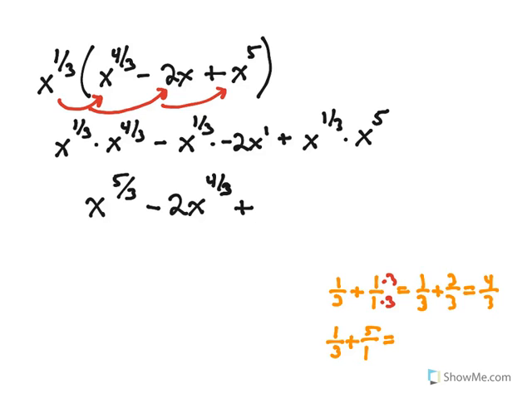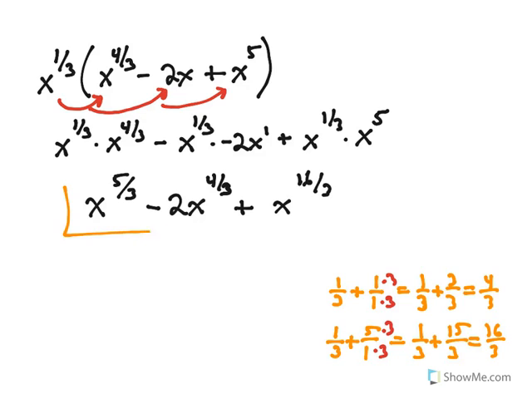We need a common denominator, so we're going to multiply the right by 3. That's equivalent to 1/3 plus 15/3. And that's going to give me 16/3 when you add the numerators. So this becomes x to the 16/3. And this would be my final answer.